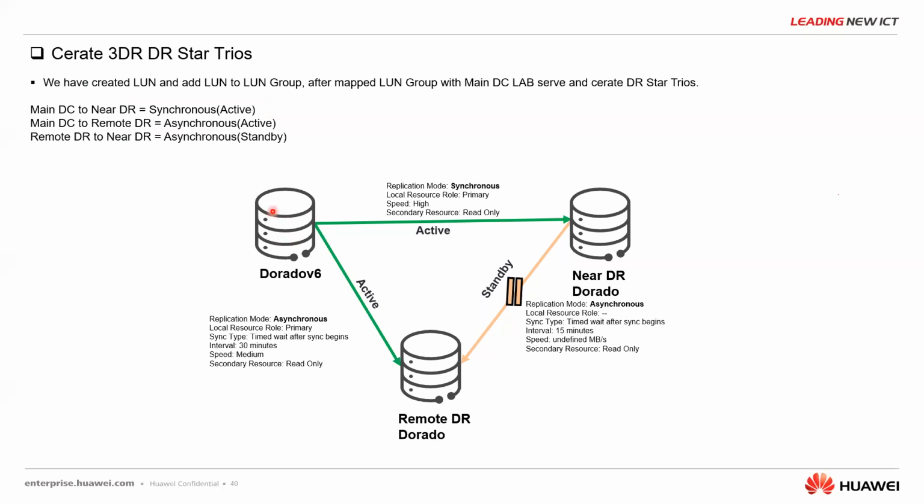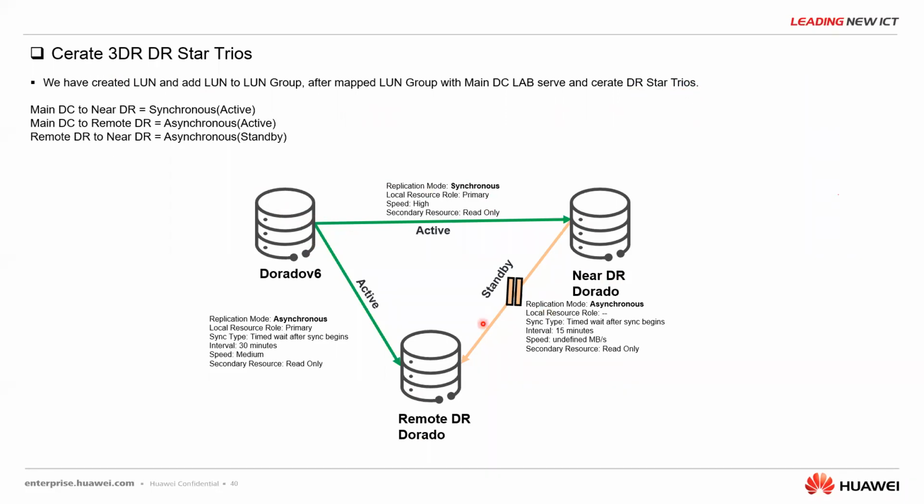I have created one logical unit number, and I have given this logical unit number the replication paths. One is for the synchronous replication path and one is for the asynchronous replication path to the DR location, and one is the near DR location. I need to achieve this topology in my storage box from the primary after creating the 3DC solution. We call it DR Star Trios. The configuration name is DR Star Trios.